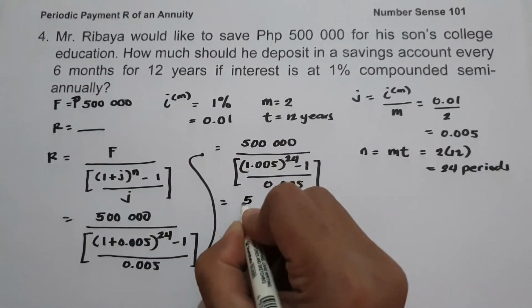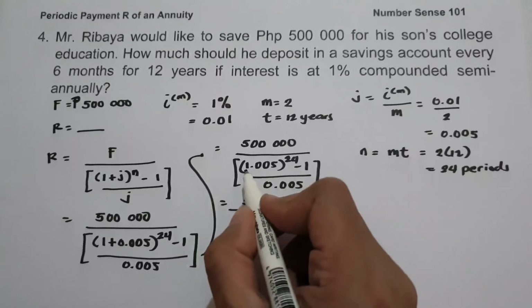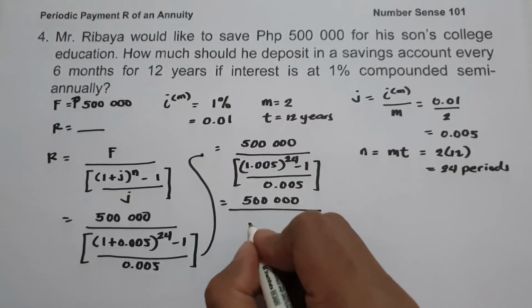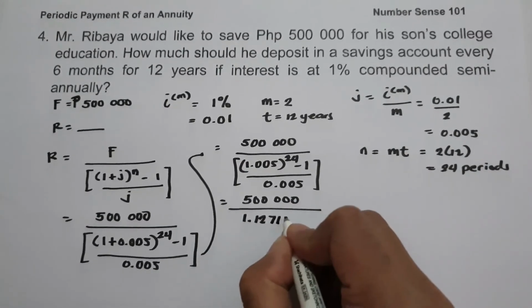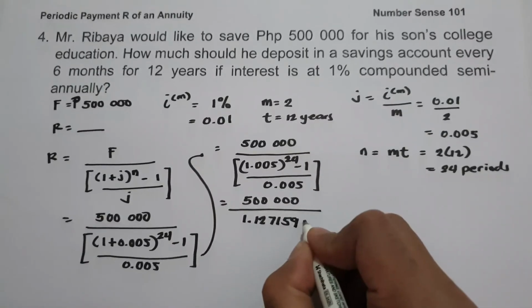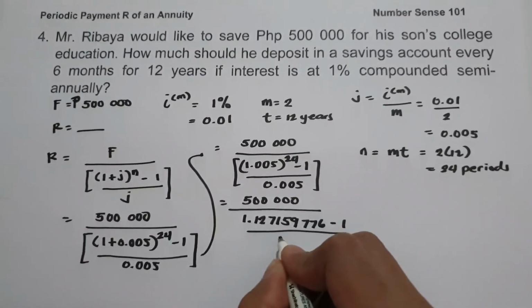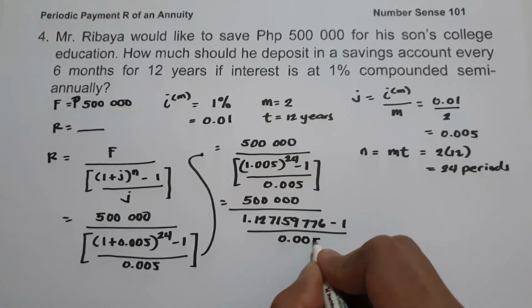So let us have 500,000 over 1.005 raised to 24, that is 1.127159776 minus 1 all over 0.005.